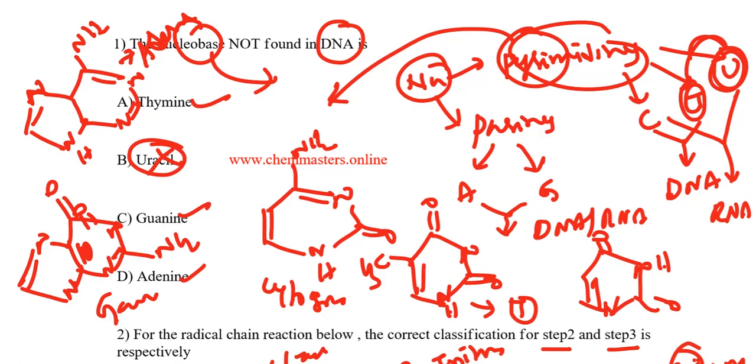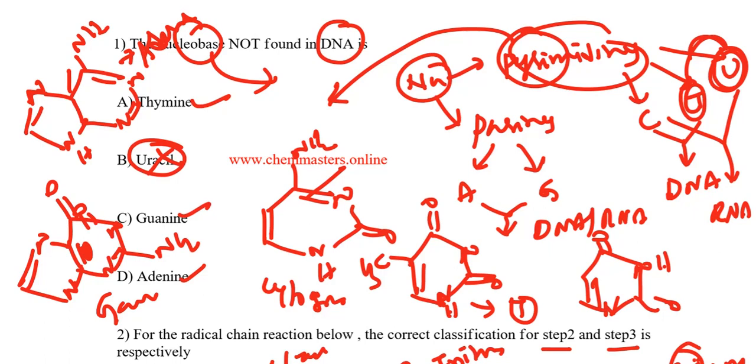And how to give the numbering on these pyrimidines and purines is very important. Just try to give numbering on the heterocyclics of pyrimidines and purines, and from that you will get extra information to solve a number of questions.